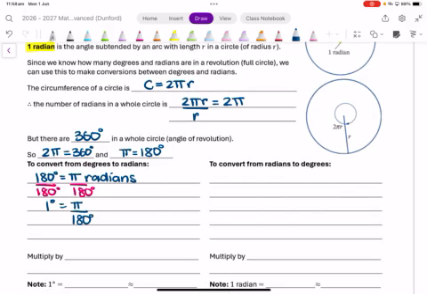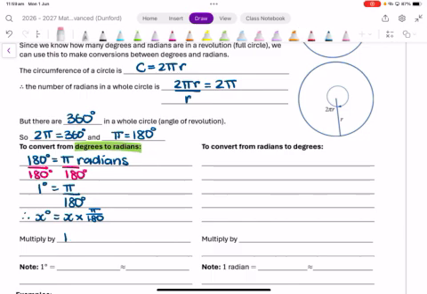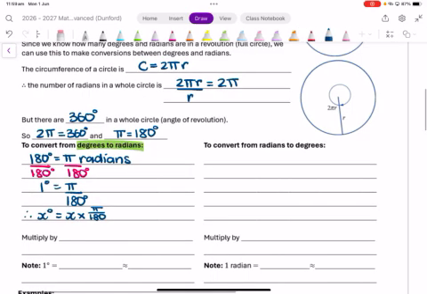So to get x degrees, we do x times pi on 180. Okay, so how we convert from degrees to radians, if we start with degrees to get to radians, what we do is we multiply by pi on 180. Okay, that's nice and easy to remember.